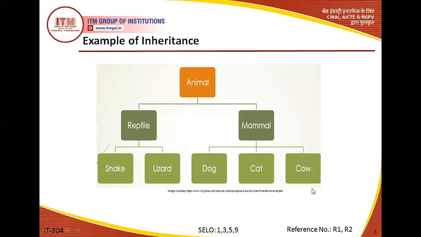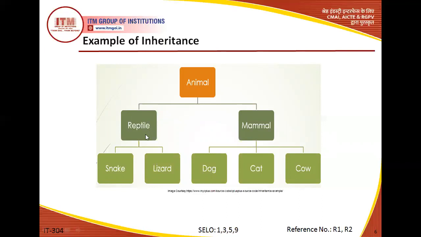Now, let us understand this concept further with the help of an example. Here you can see that this is the parent or root class, animal, and from this root class, two more classes are defined: reptile and mammal. These two classes are acquiring the properties of this parent class, the animal class.